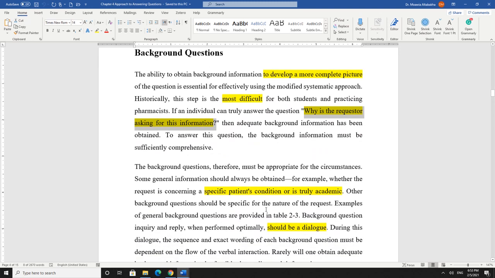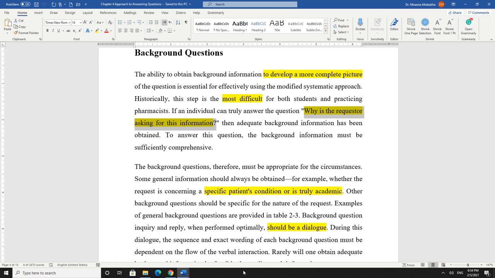The way you should get this information is in a dialogue, not an interrogation or investigative way. No, it's a dialogue between two. You should not force it. Don't tell him, why are you asking this question?